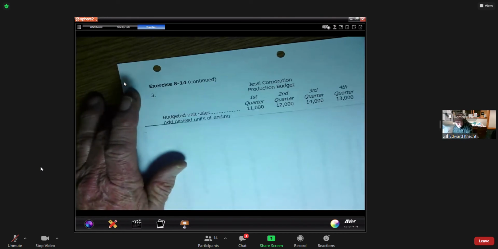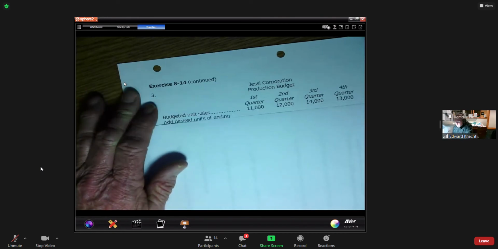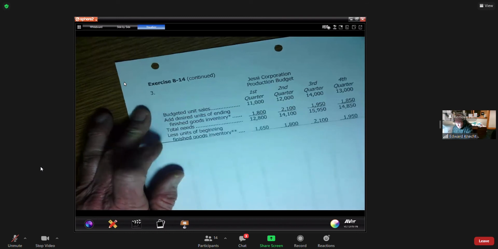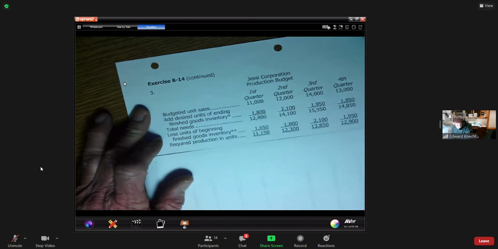And then what's next? We have to put in the desired ending inventory of finished goods. And remember what they told us? For the first quarter, 12,000 units times 15%. That's right. So that's where we get 1,800 and so forth. So there's our total needs. Subtract out the beginning inventory, which is last period's ending.